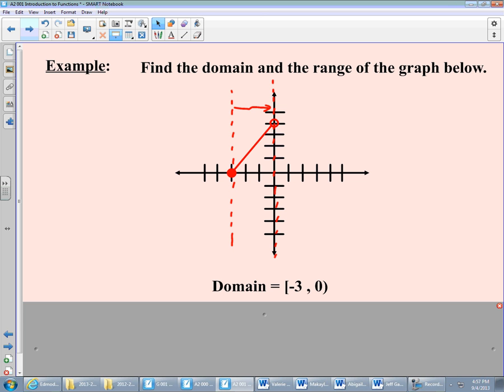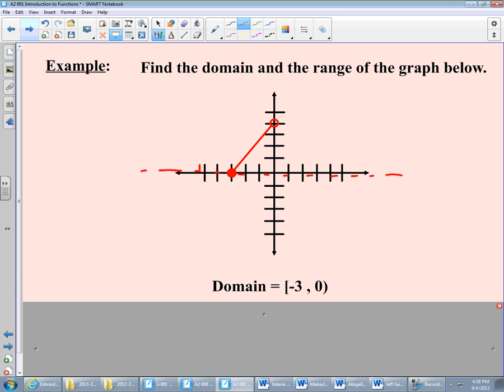Now, when it comes down to the range, we do the exact same procedure, only now we are looking at coming up the y-axis. So when we come up the y-axis from negative infinity, where do we first discover the existence of a y value? Right across there, at the x-axis, is the first time that this graph exists on the y-axis.